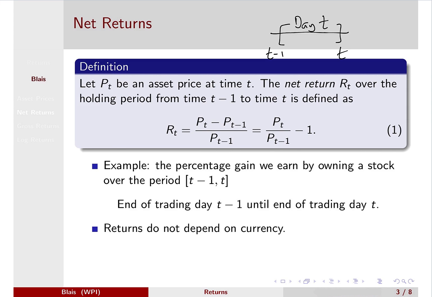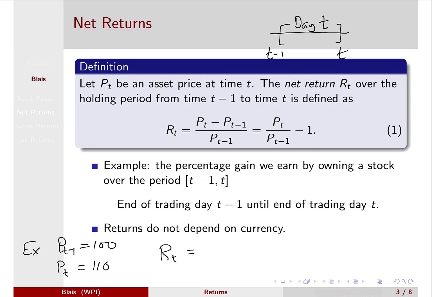And so, for example, if you have a stock that was, say, worth $100 at the end of yesterday's trading day, and so you come into the market this morning, you buy it at $100, and at the end of today it's worth $110, then we know just intuitively that the percentage return you made on that was 10%.